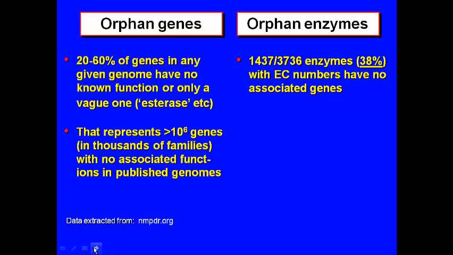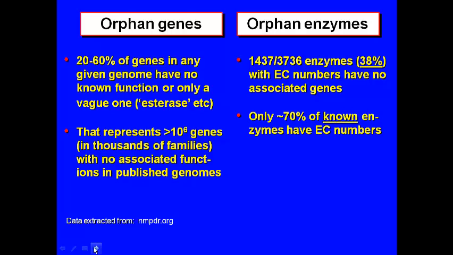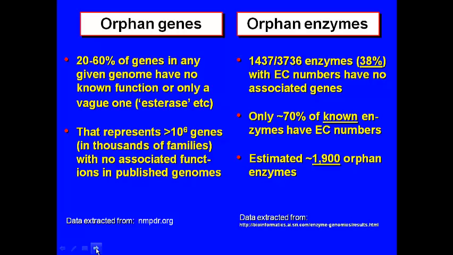So the biochemistry's been done, but no gene has been hooked to it. And the problem is actually a bit bigger than that, because only about 2/3 of known enzymes have actually been classified yet. So if you put those two numbers together, you can come up with an estimated 2,000 orphan enzymes that are out there that are known to science, often have extensive publication documentation, but we don't know the gene.